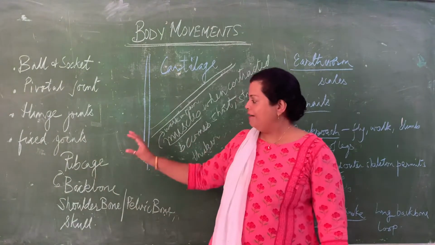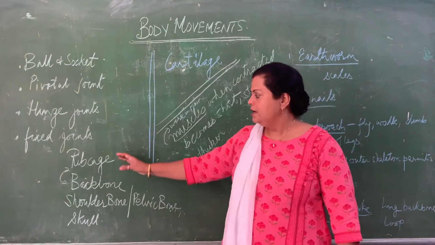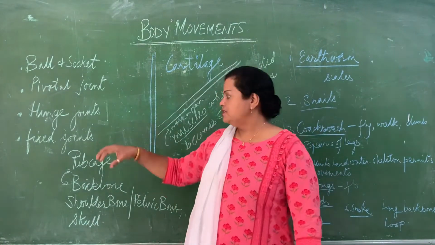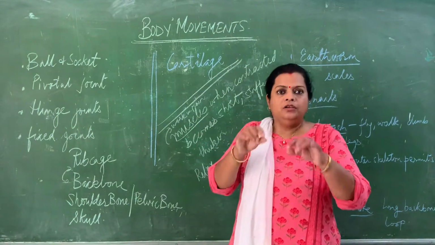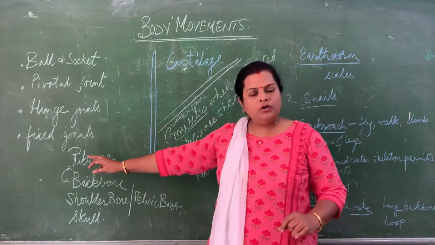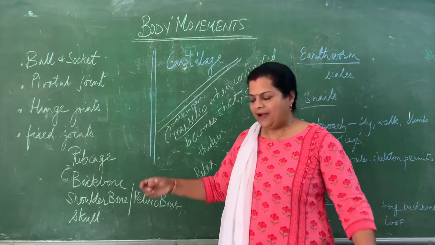Besides these, we have some more bones and joints. It is our rib cage. Everybody knows we have a rib cage. This rib cage is joined to our backbone. If you feel your backbone, you will see it is made up of small bones. And this backbone is joining our rib cage also. Then we have the shoulder bone.